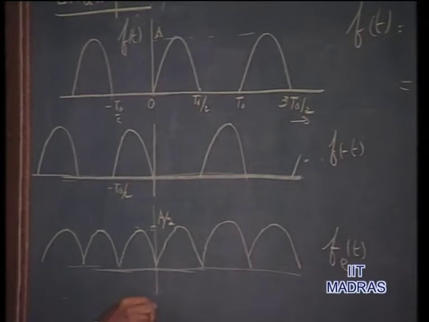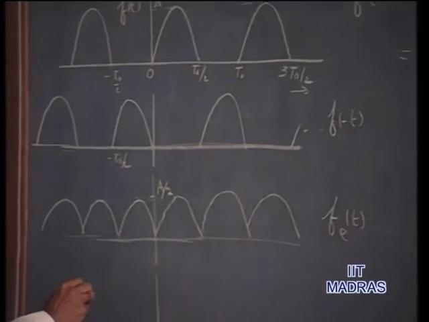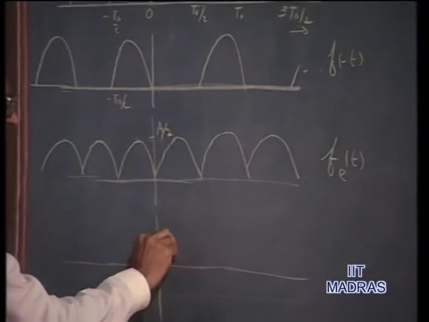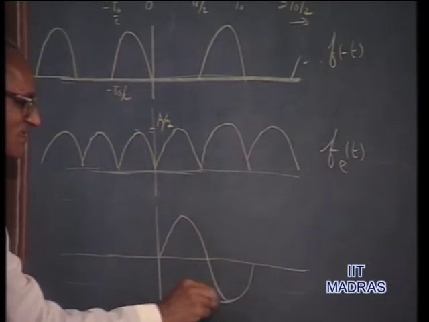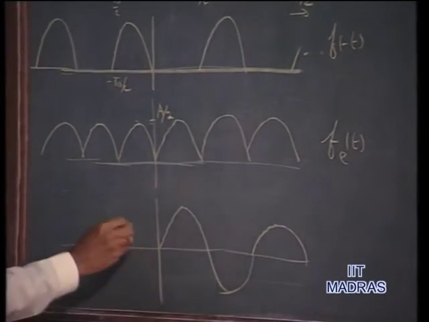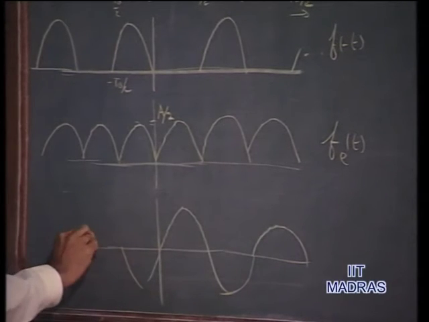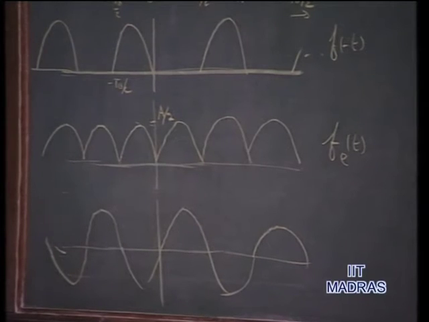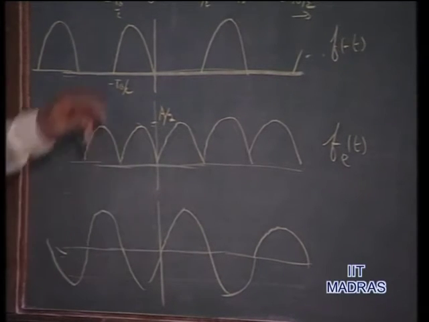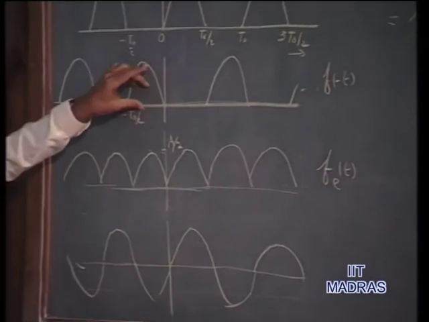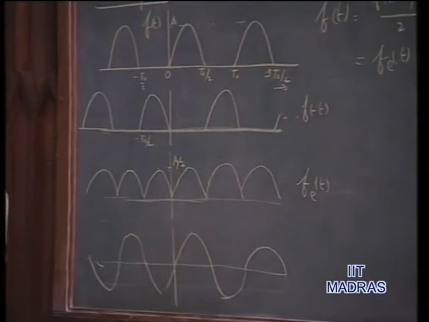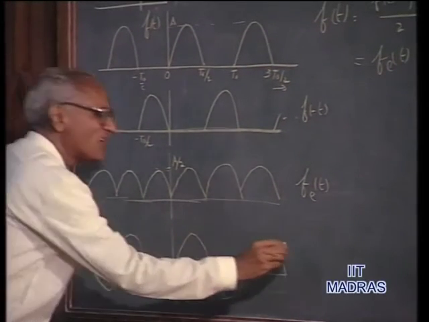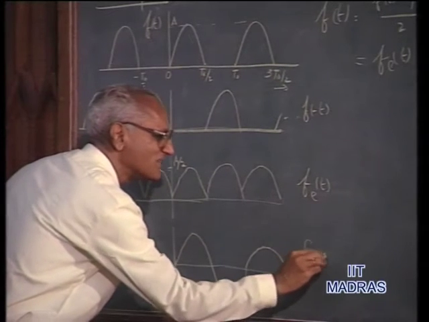And the result is that you have a waveform like this, which is a pure sine wave because each half cycle sine wave is reproduced in the proper direction here, and this is the odd part of t, f o of t.